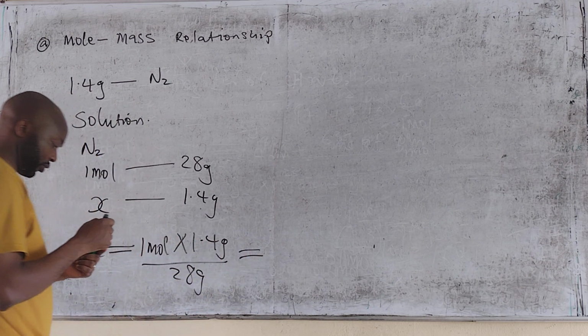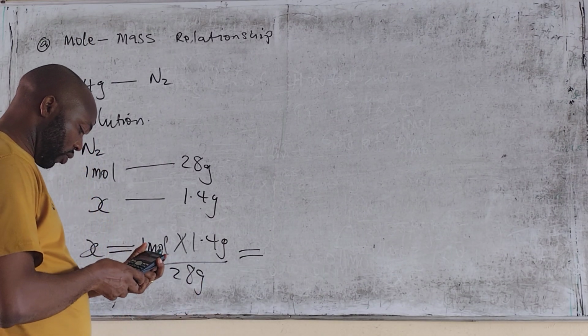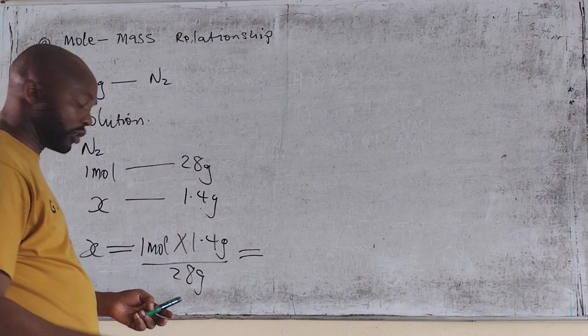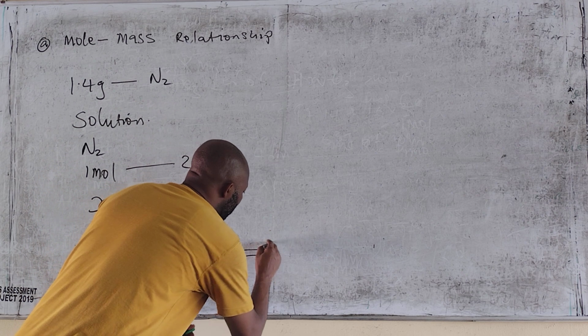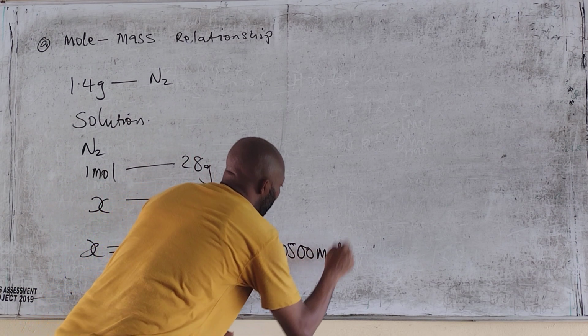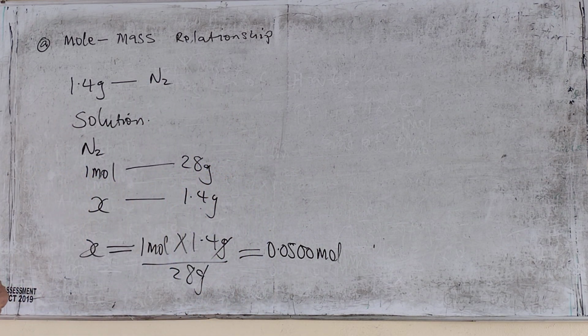This is equal to 1.4 divided by 28, which is 0.05. So this is 0.0500 mole, because the gram cancels. So we are still on mole-mass relationship.